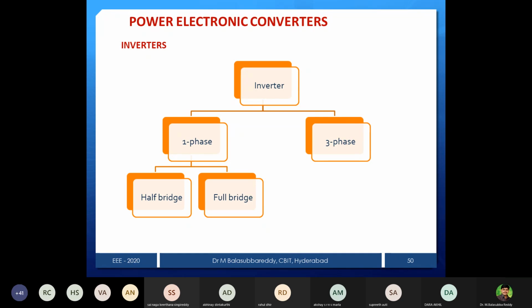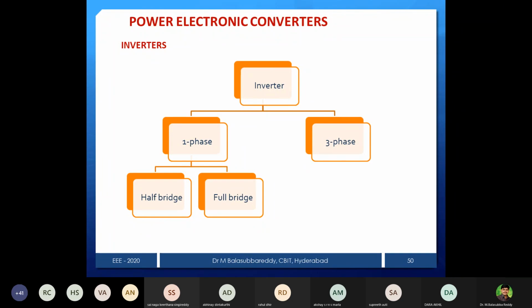Same scenario for three phase, but here in three phase there is a mode of operation, how the devices conduct in the circuit. There are a total of 3 plus 3, 6 devices in the three phase inverter, whereas the single phase full bridge inverter has only 4 devices.